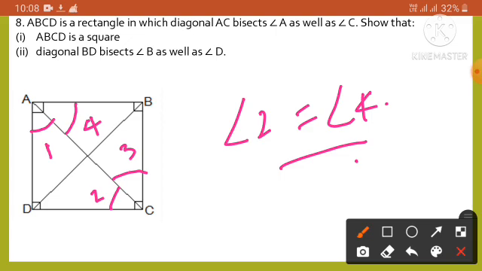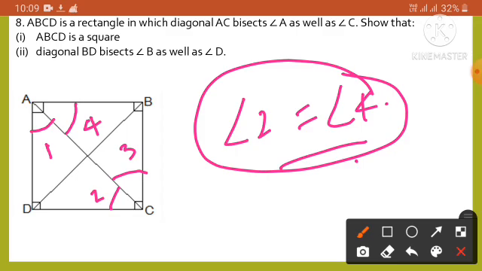So we know that angle 2 equals angle 3 and angle 1 equals angle 4. And here we are getting that angle 2 equals angle 4. So from this we can say that angle 3 equals angle 4 here.